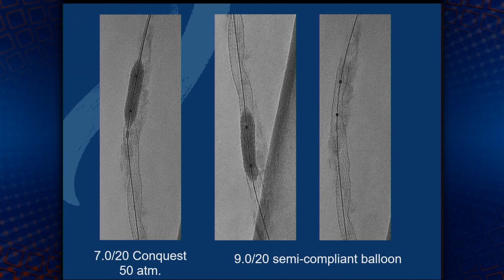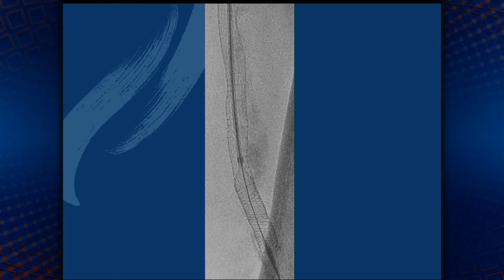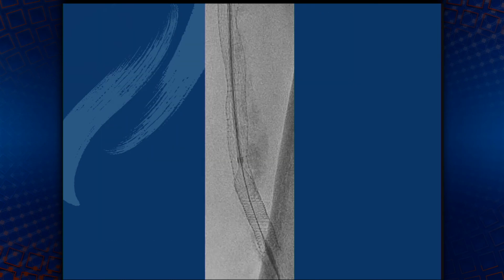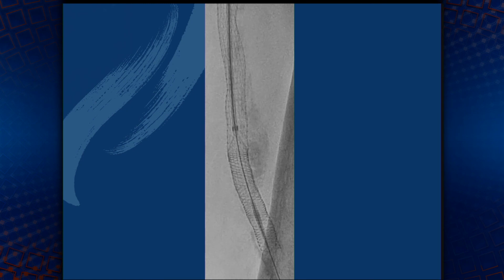You can see the crack of the calcium in this picture. This is necessary just to give space to the Viabahn to gently implant a 6.5 Supera stent inside to stabilize the whole Viabahn and to avoid restenosis in this case.